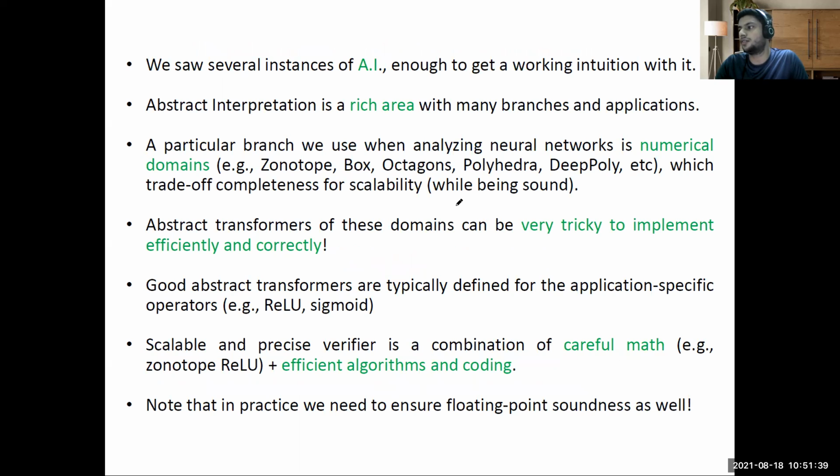And I have discussed these points in this session: we need careful math, efficient algorithms and coding for implementing these shapes. Also, we have to ensure floating point soundness, that we should not lose precision during floating point conversions and calculations.